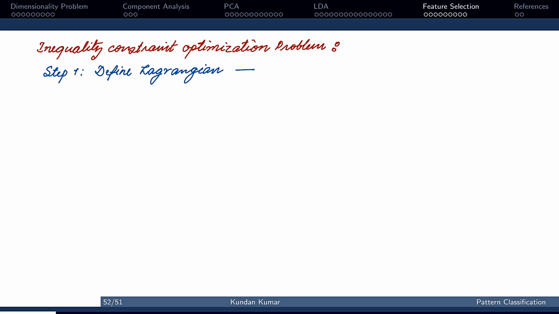So we can define our Lagrangian as, here we have x variable and our Lagrangian coefficient. So here we have defined our Lagrangian the same as what we have written in the equality constraint optimization method.